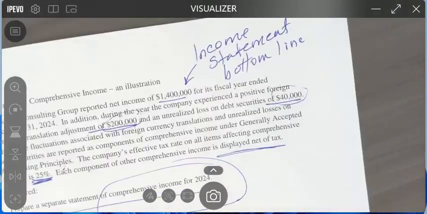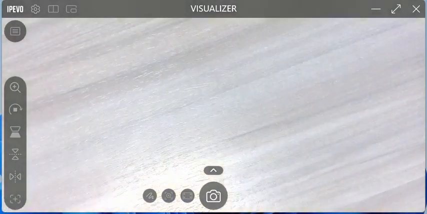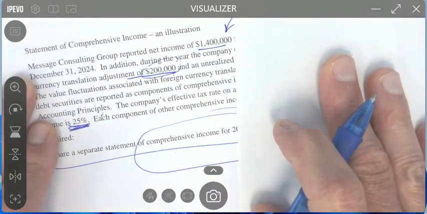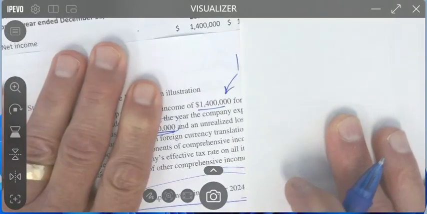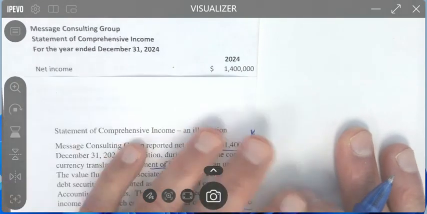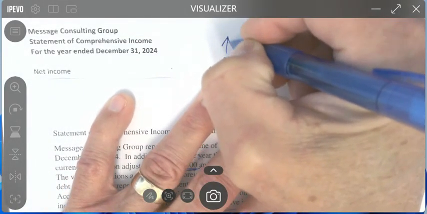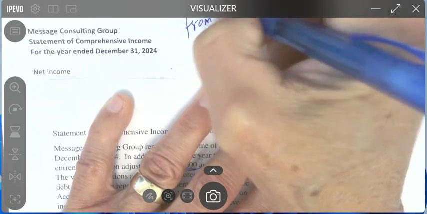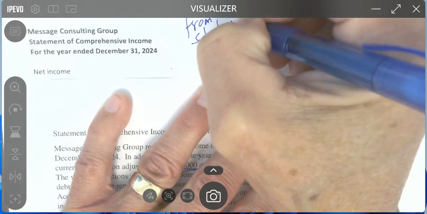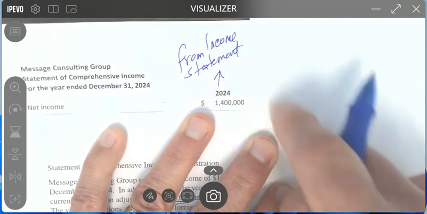Okay. And here we go. So Message Consulting Group has net income of $1.4 million from the income statement above, which will be shown in the financial statements right above.